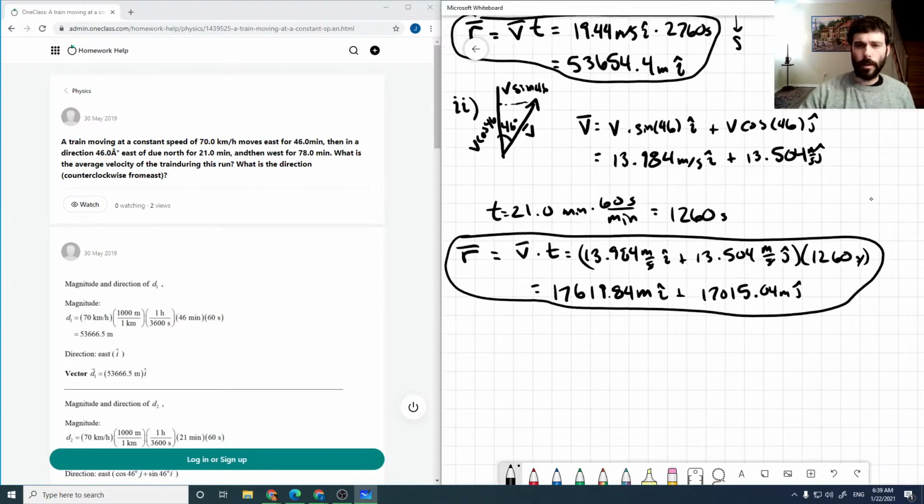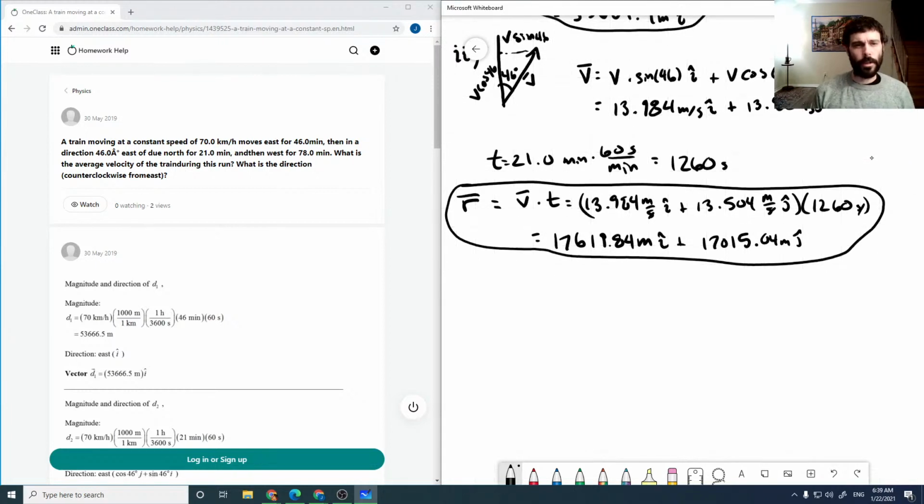And then my third leg of the journey here is due west for 78 minutes. So my velocity is now minus my magnitude in the i hat direction.